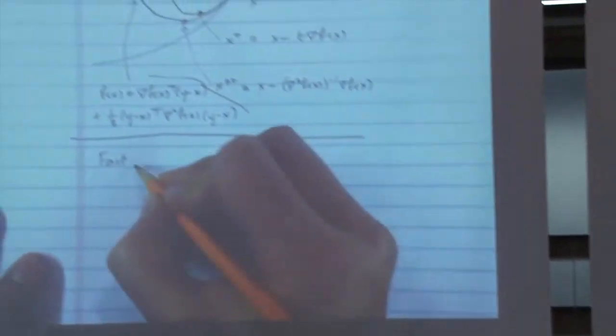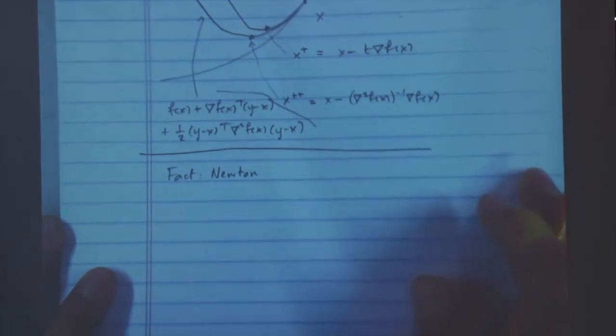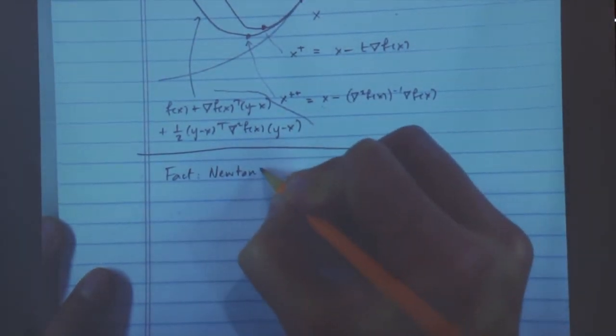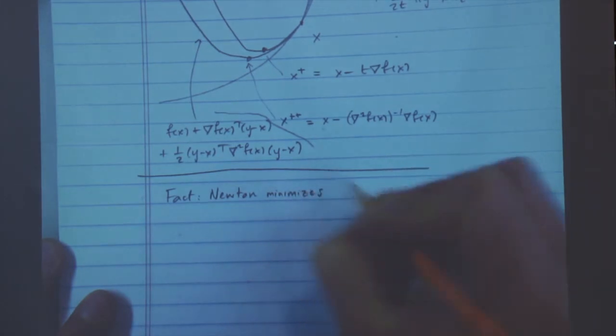Yeah, Jersey. Right, yeah. So Newton's method will minimize a quadratic in one step. So that's a fact that you guys should just keep in mind. Right, because in that case, the quadratic expansion that's forming is the original function. So there would be nothing to show there.